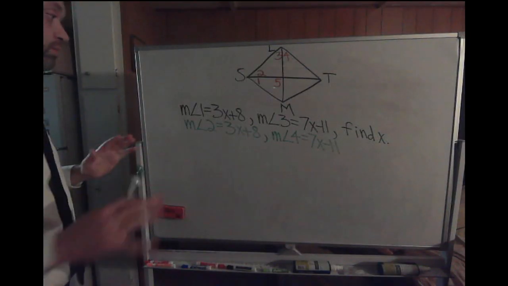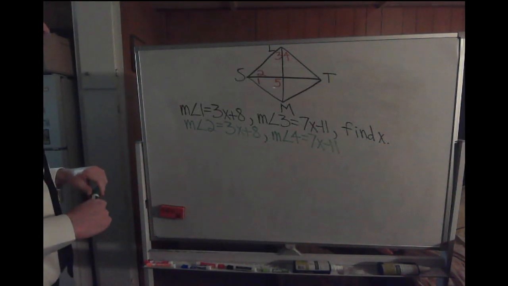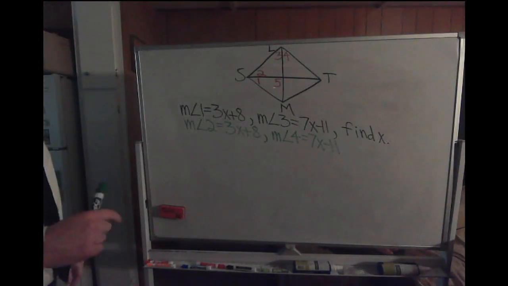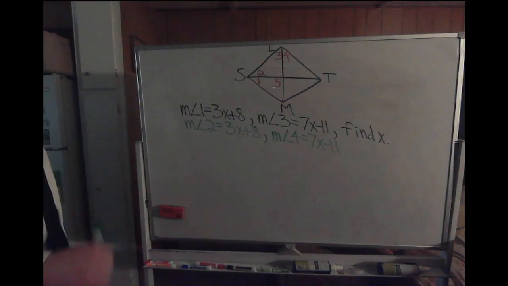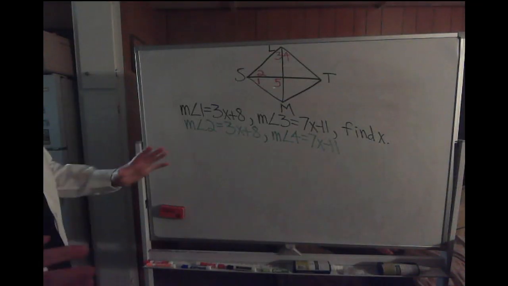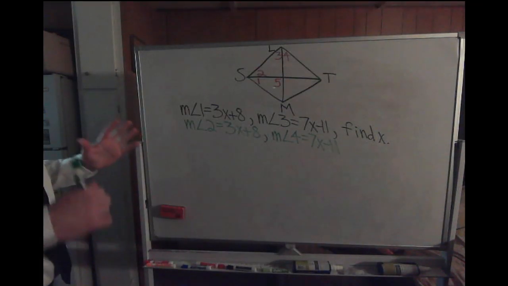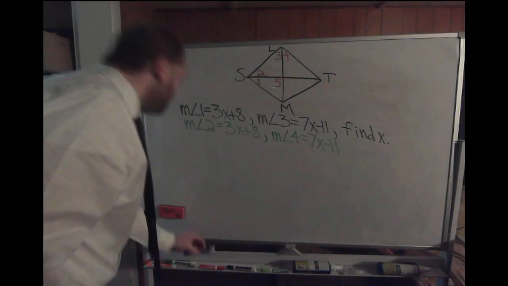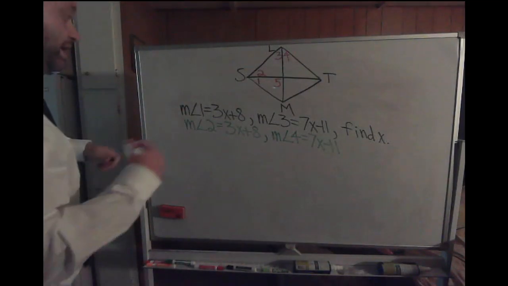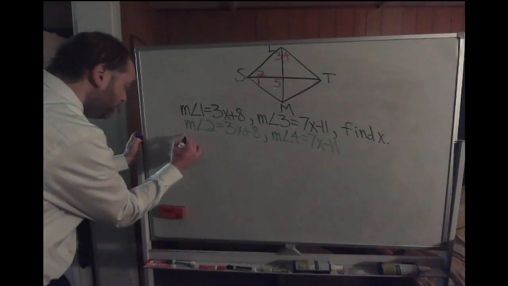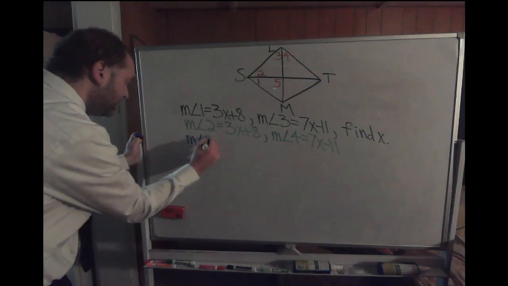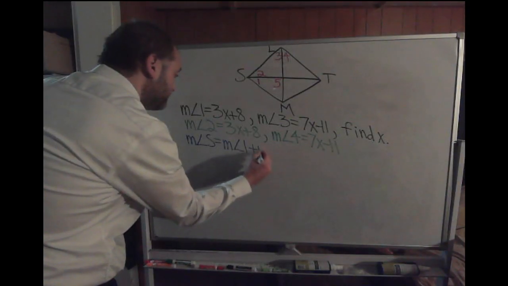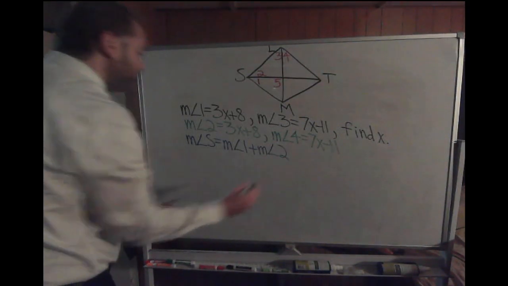Now, where am I going with this, you're probably wondering? Well, we know that S and L are same side interior angles, meaning they're supplementary. That's my ultimate goal, is to add them together and get to 180 and then solve for x. But why don't we first break this down into the measure of angle S? We know the measure of angle S is equal to the measure of angle 1 plus the measure of angle 2, right?